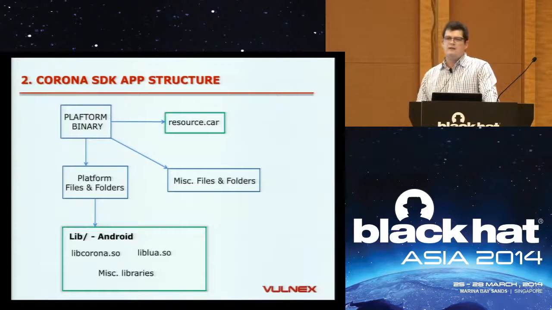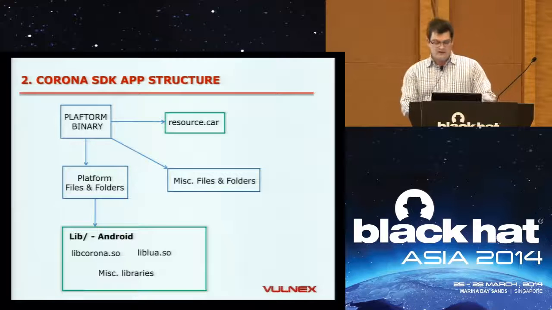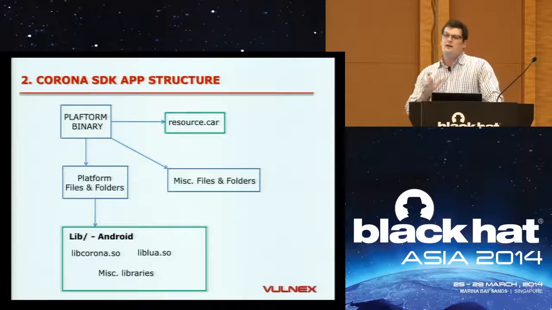In the iPhone, it doesn't do that because it puts everything together in the binary. So everything it needs is in the binary on the iPhone. But on Android, it also creates some libraries to run Lua applications on the mobile. So that's quite interesting. When we are performing reversing, we can find those libraries, and maybe we can also look for security bugs there.